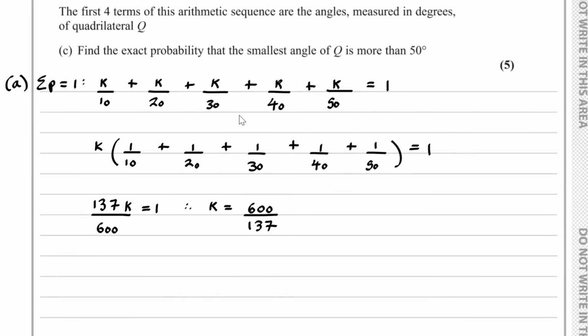So for part B of the question, the probability that d1 plus d2 equals 80, let's think about the different combinations we can have. We can have d1 equals 30 and d2 equaling 50. That gives a total of 80.